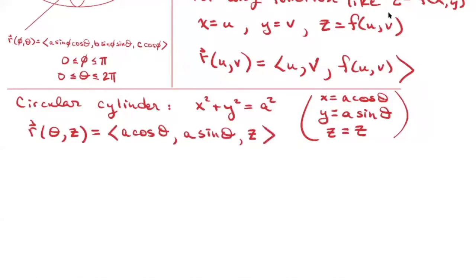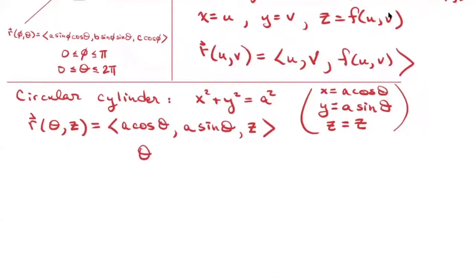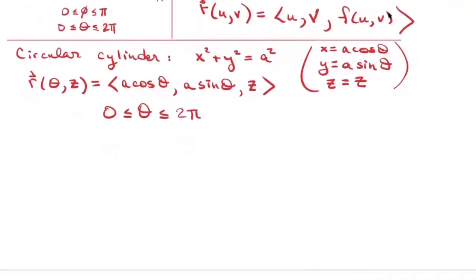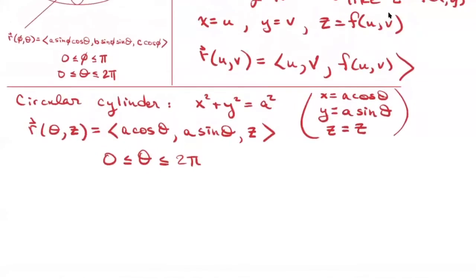I don't know that we need to constrain z, but it would make sense to say that theta would be between 0 and 2 pi, but that's not necessarily required. Any questions about the circular cylinder? So most of this is pretty obvious.